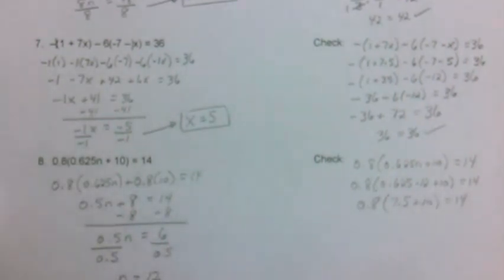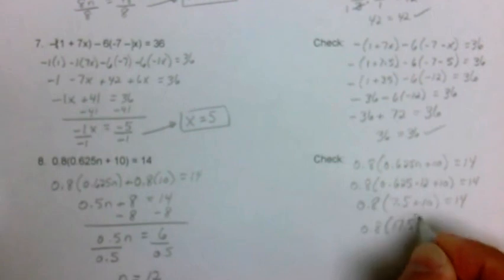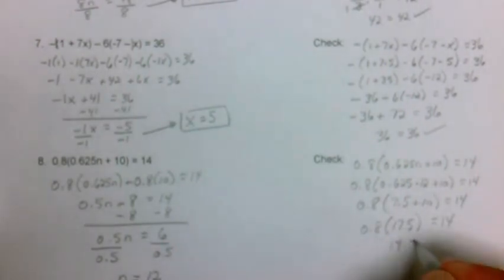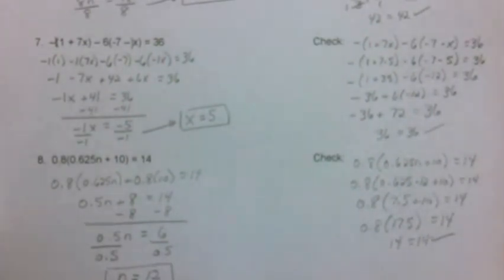So I'm going to have 8/10 times 7.5 plus 10 equals 14. And now if I add 10, that's going to give me 17.5 in the parentheses. So 8/10 times 17.5. And if you multiply 8/10 by 17.5, guess what? You do get 14. 14 equals 14. Check works out. N equals 12.